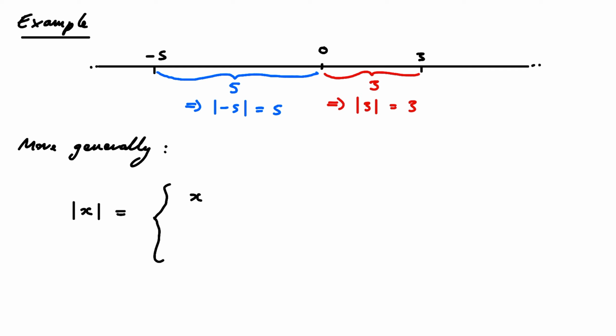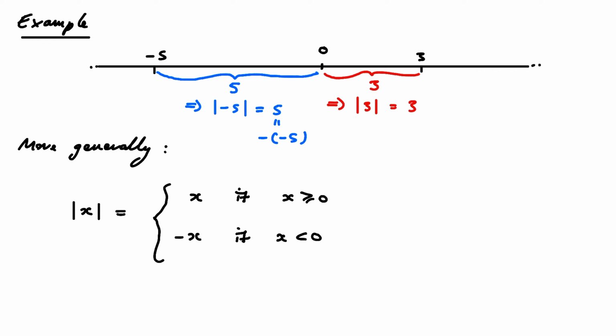So this is piecewise notation. So it's equal to x if x is greater than or equal to 0, and it's minus x if x is less than 0. So up here, this is equal to minus of minus 5, just to make sure we understand this. You understand this?